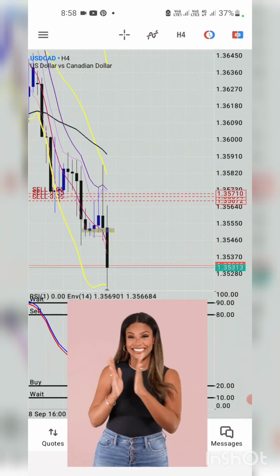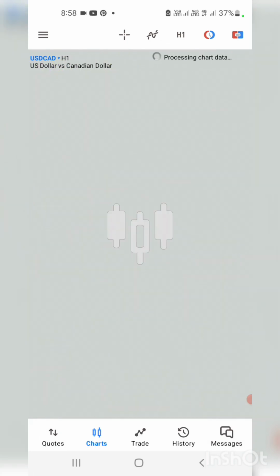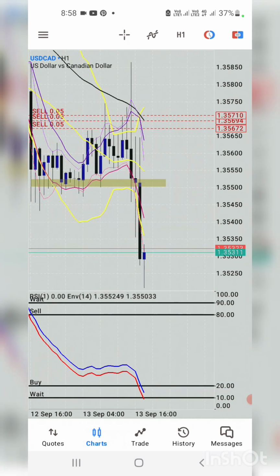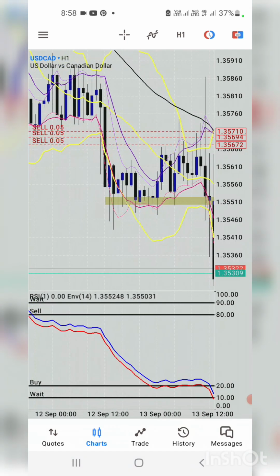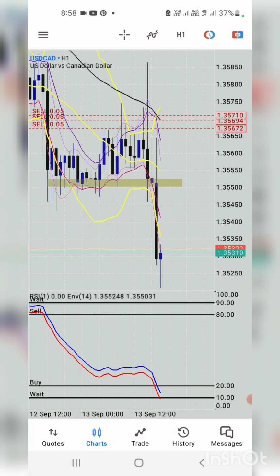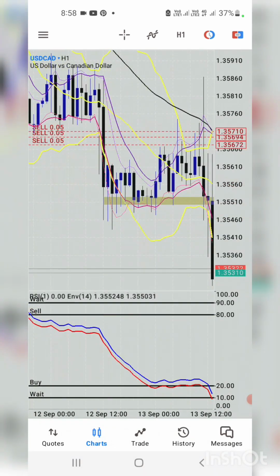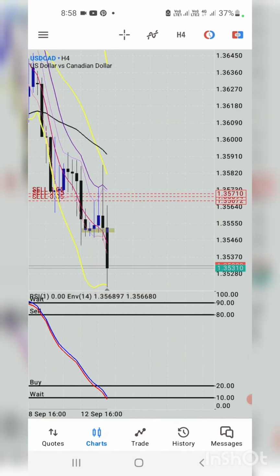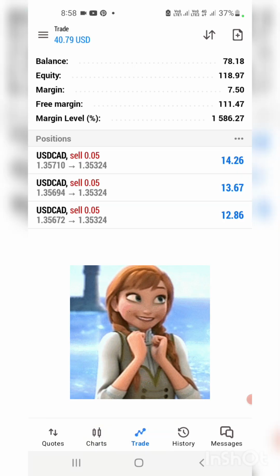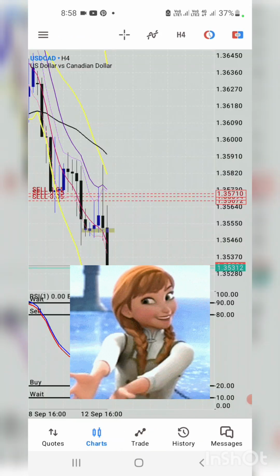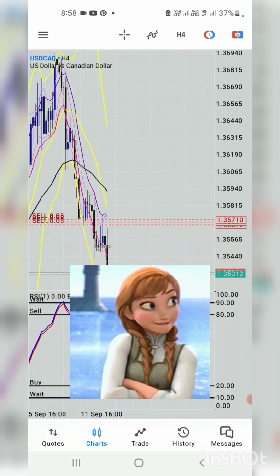After a few hours, price came to take our pending sell orders and then price decreased as we thought. So our setup has been very successful and now our profit is over $40.